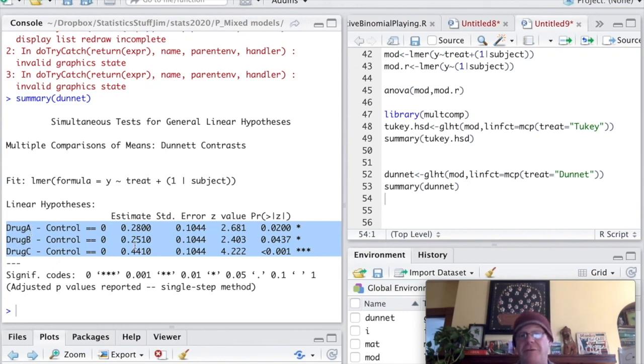And then we could interpret our effect sizes. And, on average, it looks like drug C is the best. It's 0.44 greater than the control group. It's almost twice as good as drug B compared to the control group. And again, that's all just about how we're choosing to interpret our hypothesis testing at the tail end.